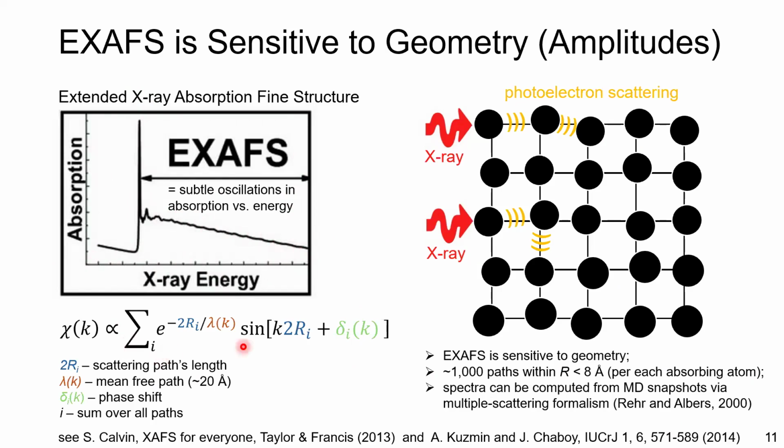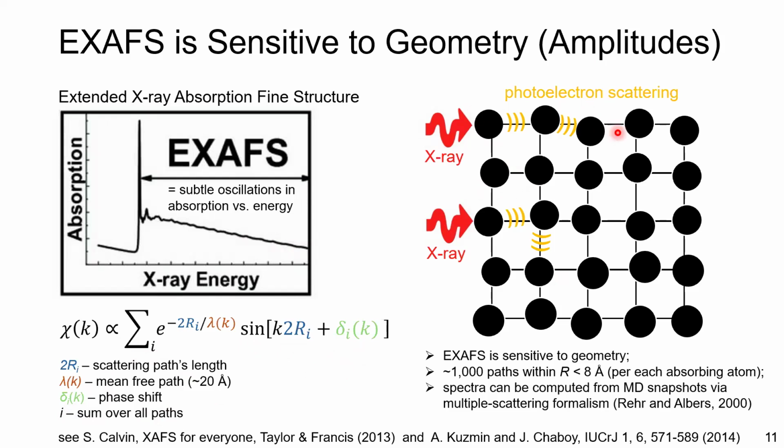And the formula is telling us that it is very sensitive to structure and in a very complex manner. And you have to sum over all of the paths of the scattering. So each atom has about 1,000 scattering paths within the mean free path of that photoelectron excited. But the good idea is that, essentially, it's sensitive to amplitudes.